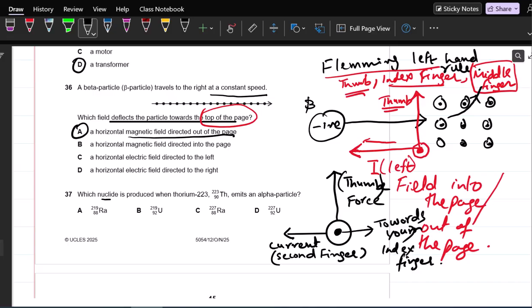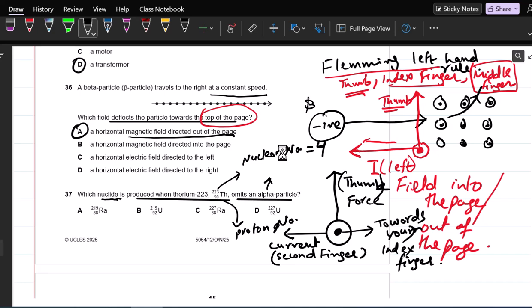Which nuclide notation is produced when thorium 223 emits an alpha particle? So when alpha decay occurs, nucleon number decreases by 4 and proton number decreases by 2.